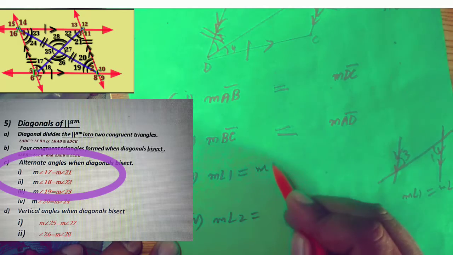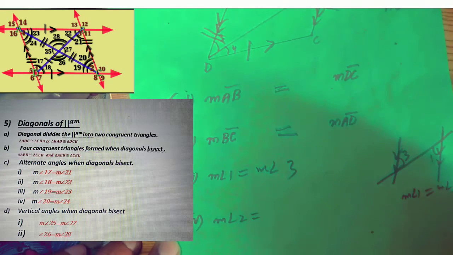Measure angle 1 is equal to measure angle 3, which is alternate angles.